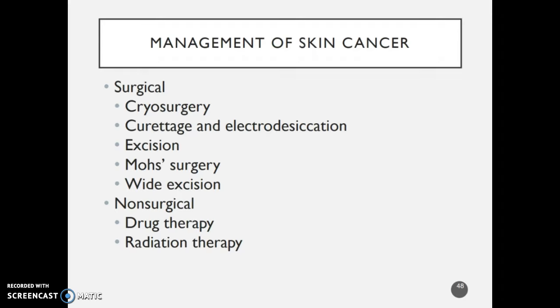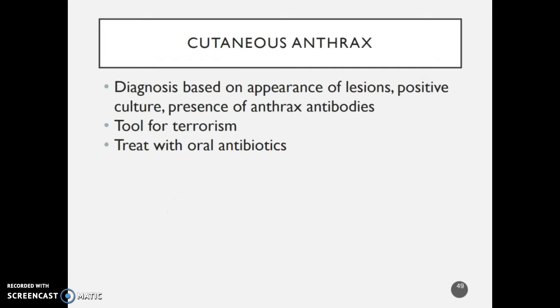When there is skin cancer, these are just some of the treatment options. Cryosurgery is when they freeze it. Sometimes they burn them off, which is curettage and electrodesiccation. Sometimes they cut them out, which is excision, and sometimes drug therapy and radiation therapy as well.